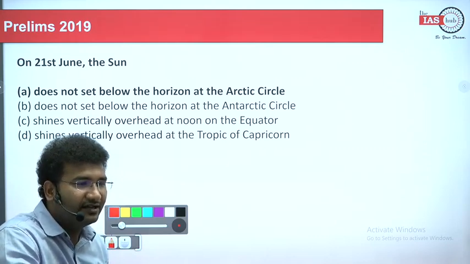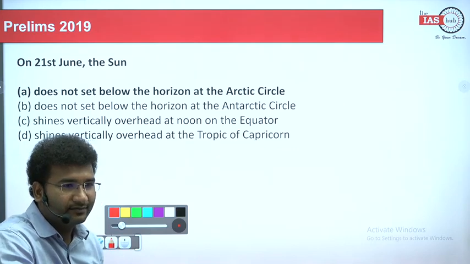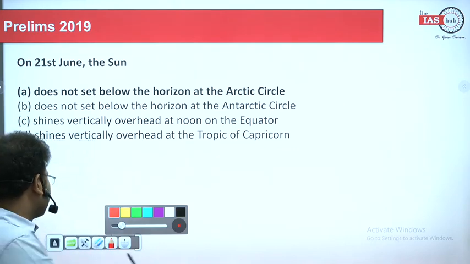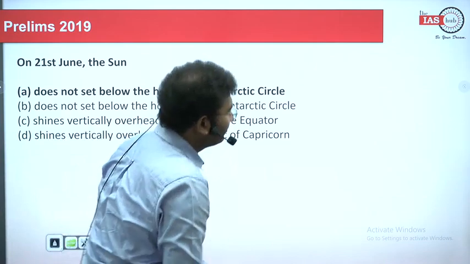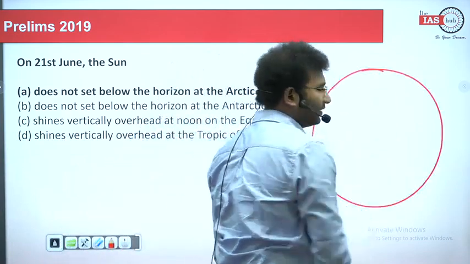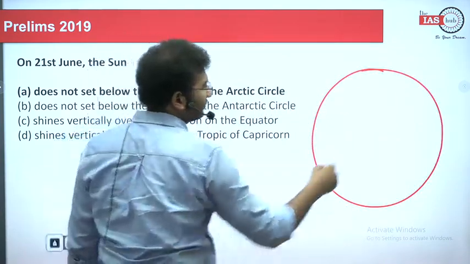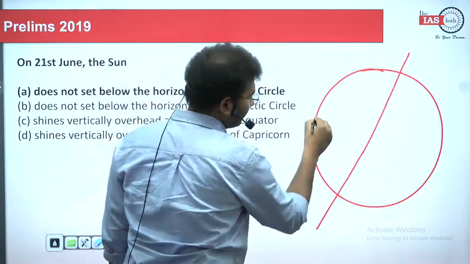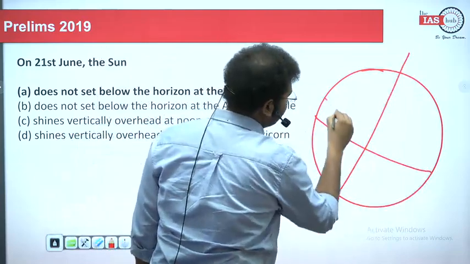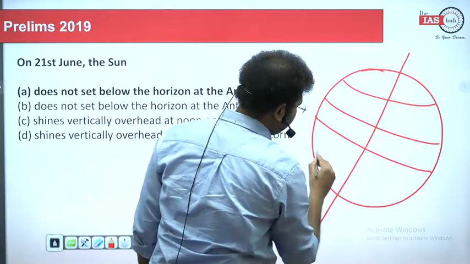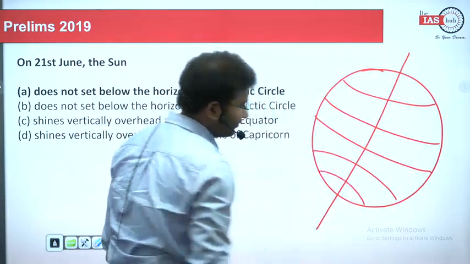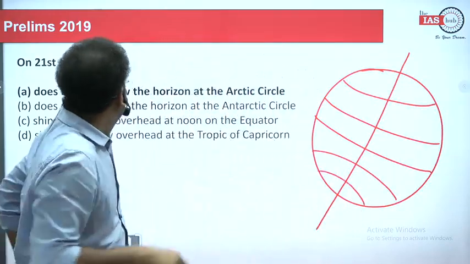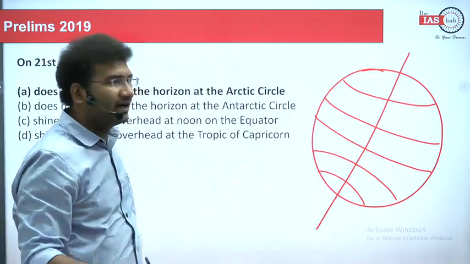B, C, D, anyone? See, let me explain this question. On 21st of June, the sun does not set below the horizon of the Arctic Circle.